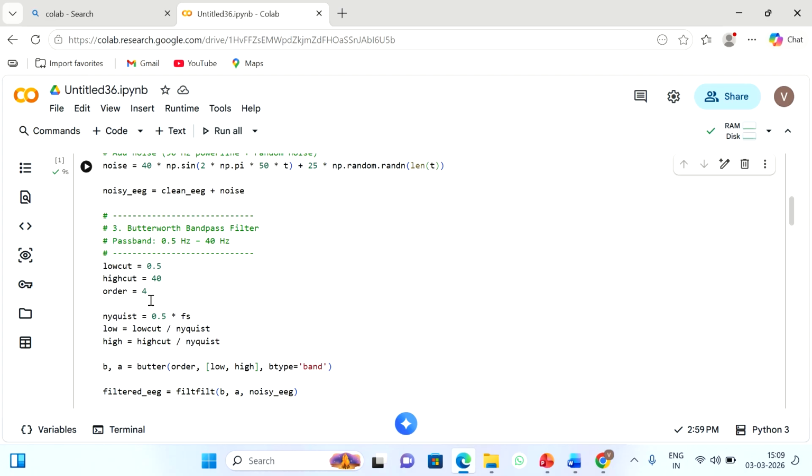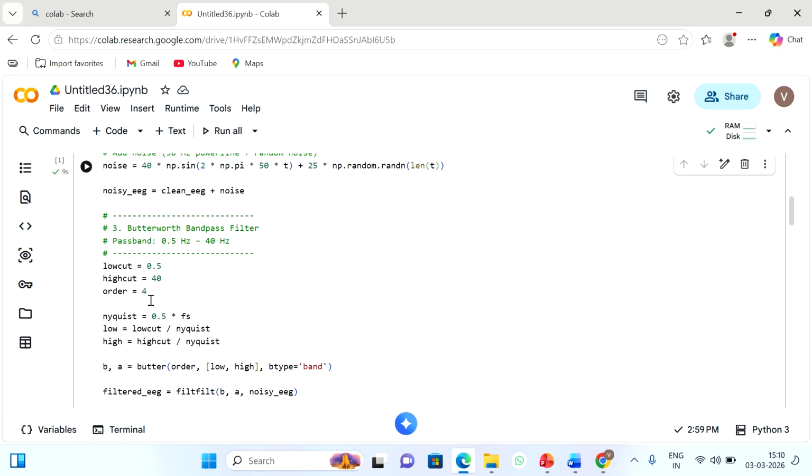Steep filtering will happen. And one more thing, if the order is higher, the computation will be more complex. But there will be a sudden transition from stop band to pass band, or pass band to stop band. Anyway, the transition from one band to another band will be sharp. That means immediately it will transfer.